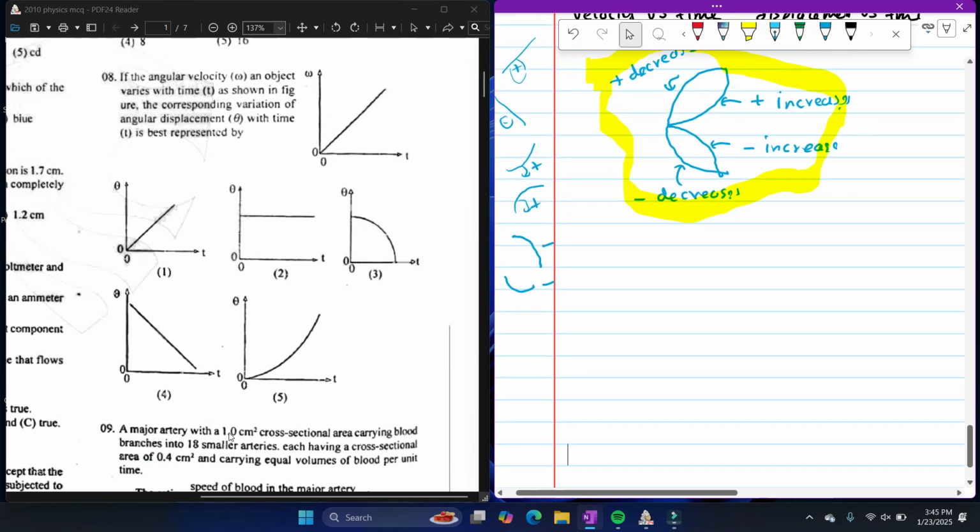So let's draw this Vt graph first, not as in the question, but to see the observation once we apply this to the Vt graph. They have given the angular velocity, so just insert the normal velocity without the angular, so that you can easily grasp the concept. And the line is a straight line, y equals mx.